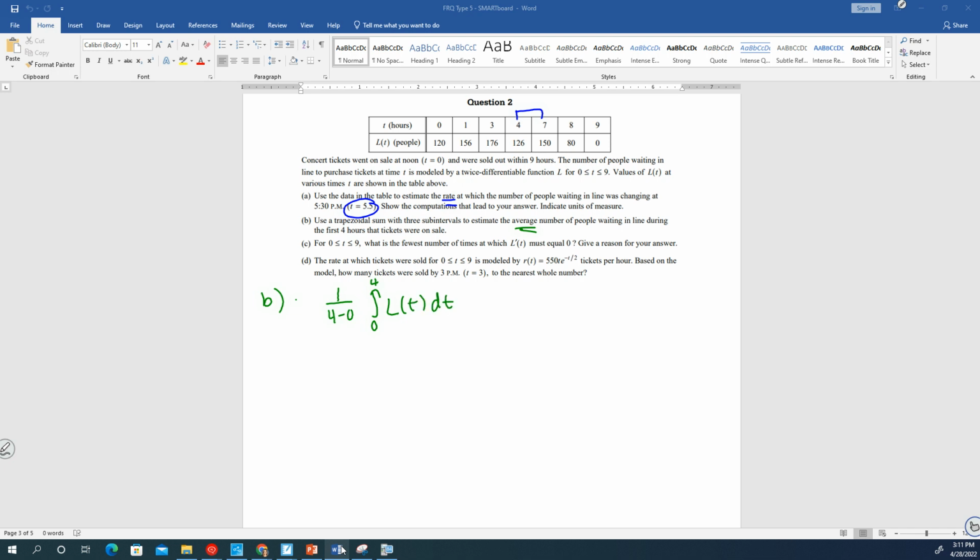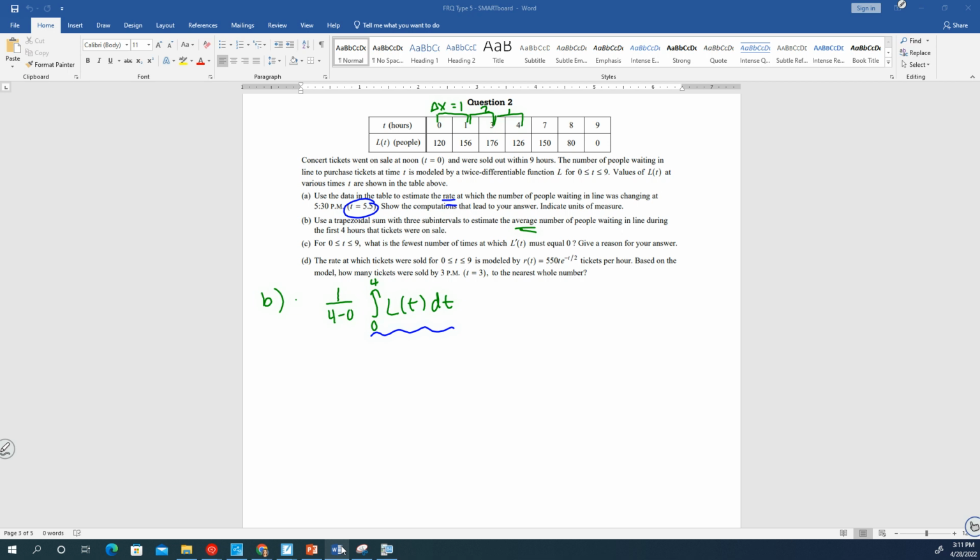Again, I'm not given an equation for L of t, so they want me to use a trapezoidal sum to approximate this, using trapezoids from 0 to 4. So here we got widths of 1, 2, 1 for those trapezoids.